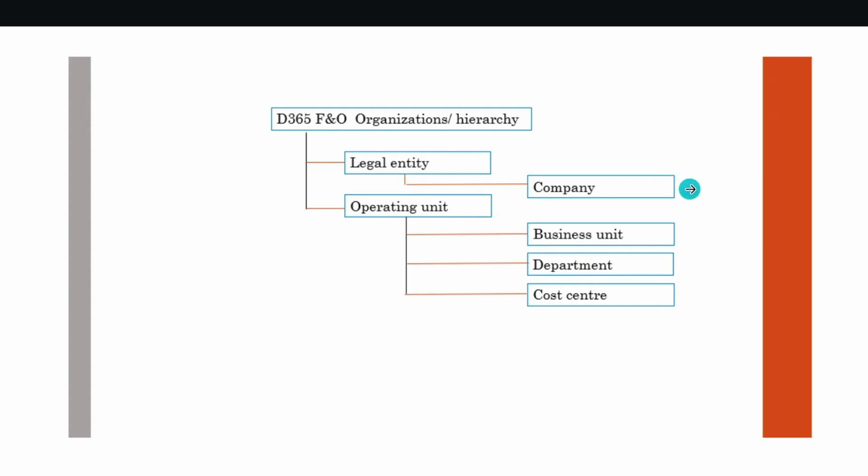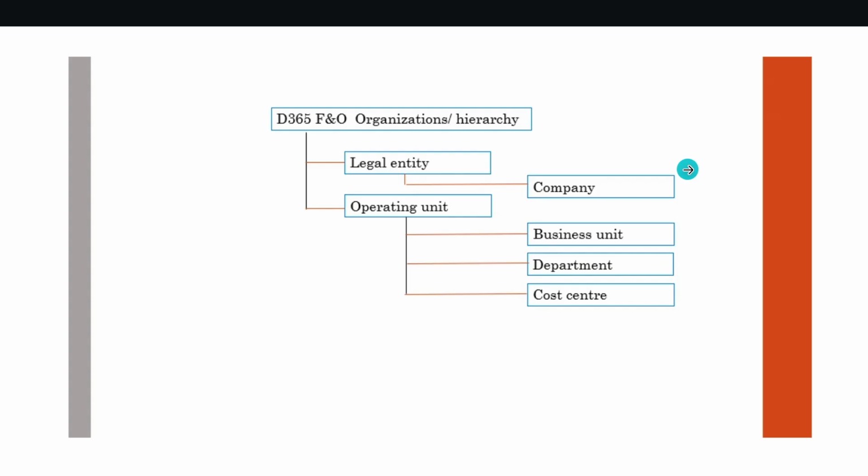So before we start doing any transaction, the first step that needs to be done in F&O is to create a legal entity. And that is a short procedure, but it carries an enormous importance.